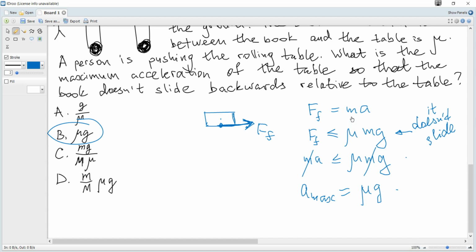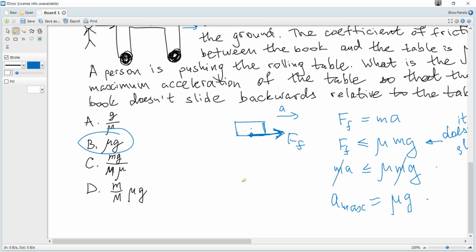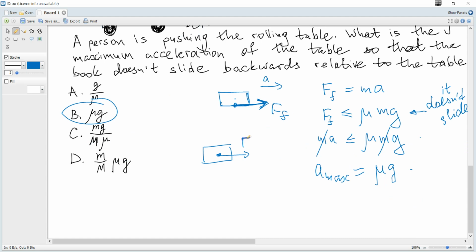So now let's consider the table, and also we'll consider only horizontal forces, or Newton's second law in components on the horizontal axis. So what forces act on the table? This applied force F, the thrust force F, and the same force, friction, is equal. Why? Because it's an action-reaction pair, and forces arise in pairs, action and reaction.